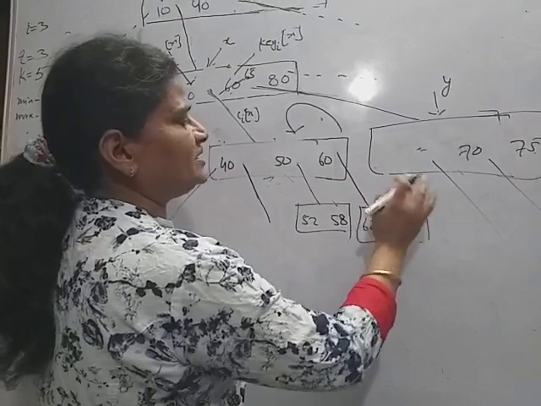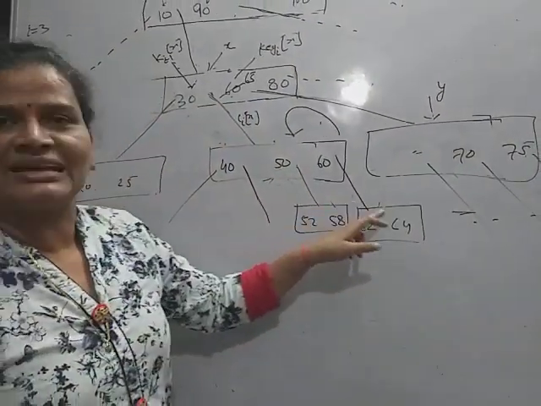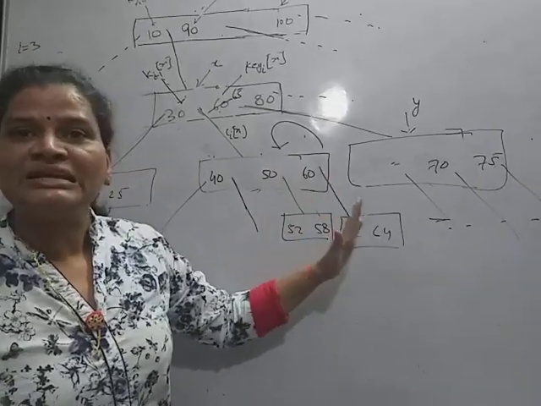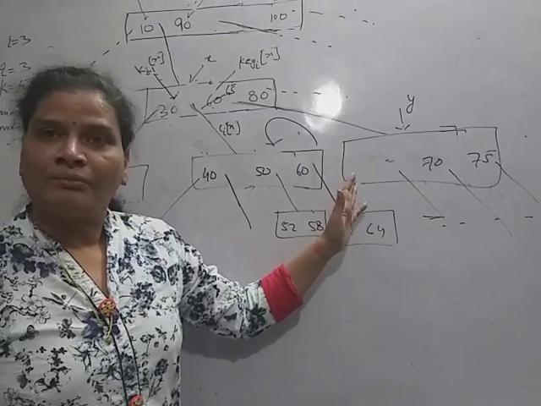In this way. This is the case when its immediate right sibling contains T keys.